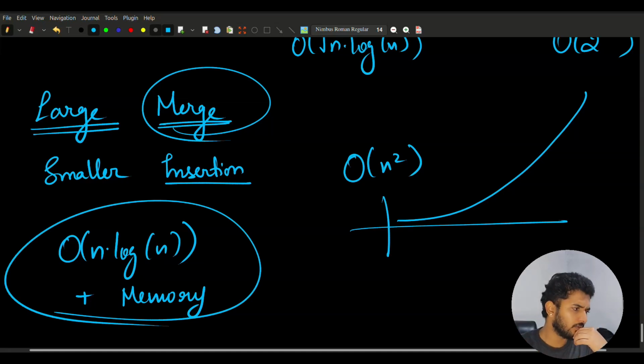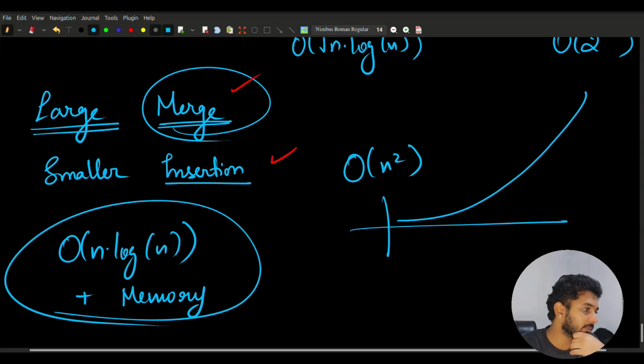Now I have concluded that for smaller arrays you need to use insertion sort, whereas for larger arrays you need to use merge sort. But how do I come up with an optimal value to decide whether the array is larger or smaller?